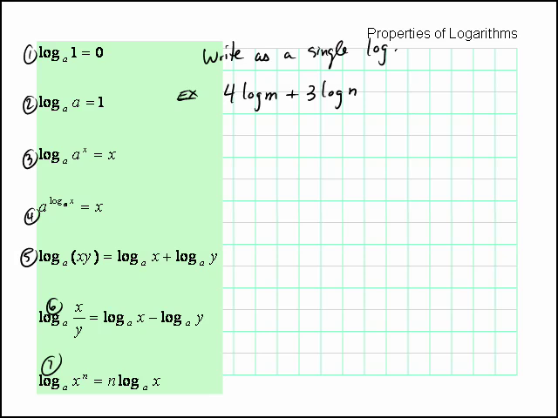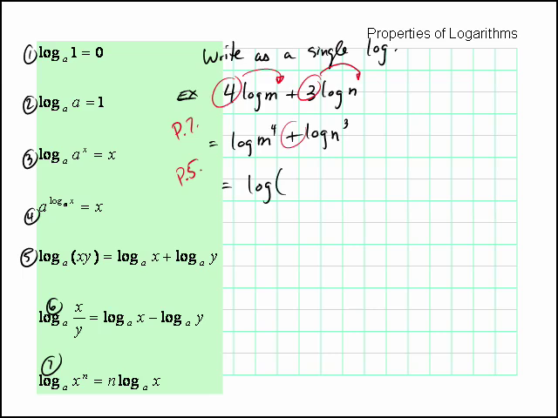The first one I would use is property 7. I'm going to take these numbers and move them back in as exponents. That becomes the log of m to the 4th plus the log of n cubed. Then I can use property number 5 to turn this addition into multiplication. I now have the log of m to the 4th times n cubed, and I've written it as a single logarithm.